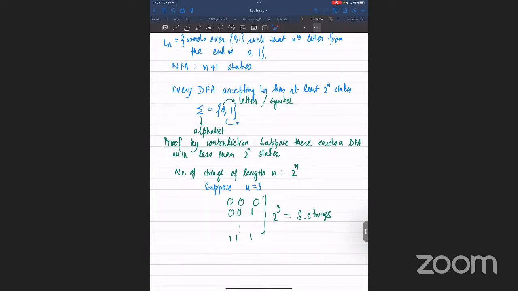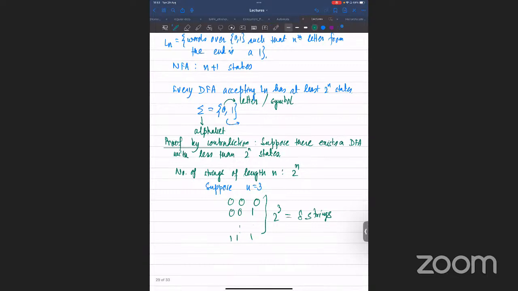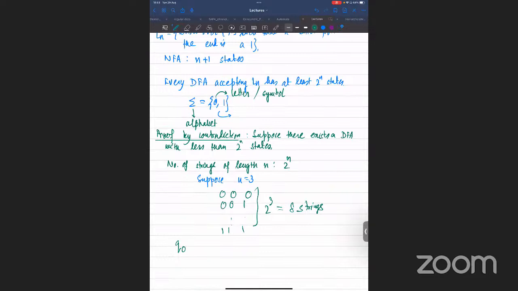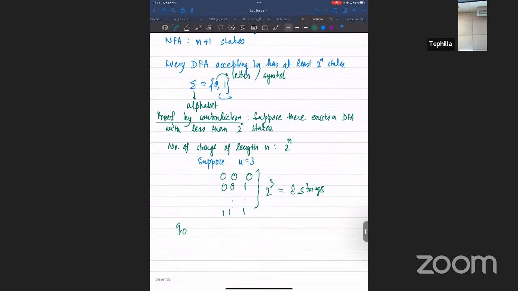By some pigeonhole principle. So what happens if, starting from the initial state of the DFA, you read all these strings? Tefila, by pigeonhole principle, what do you get? You have 2 raised to n such strings, each of length n, and fewer than 2 raised to n states. So starting from the initial state, there would be some state that the machine can be in after reading 2 different words of length n.